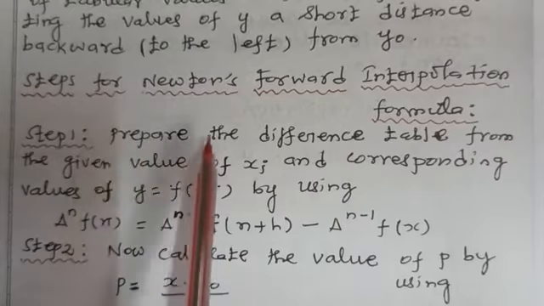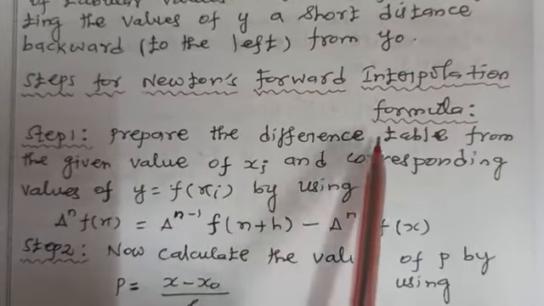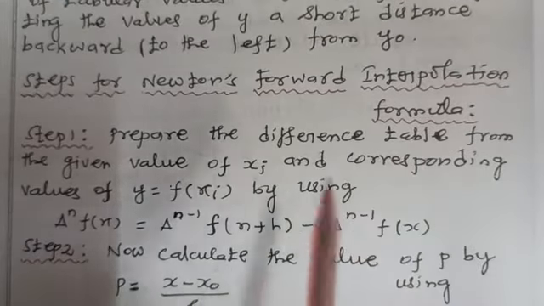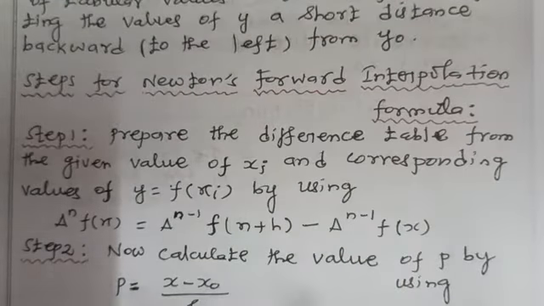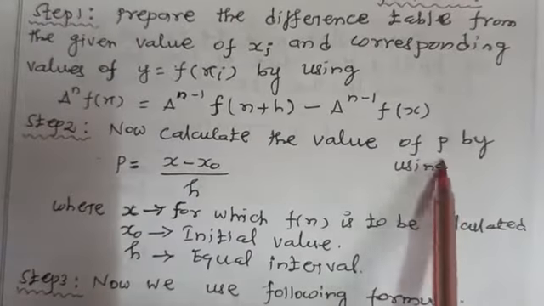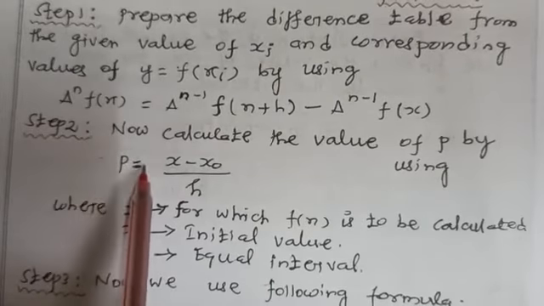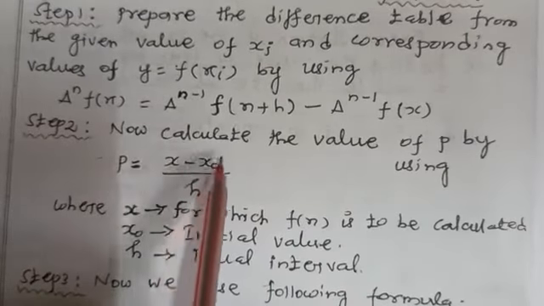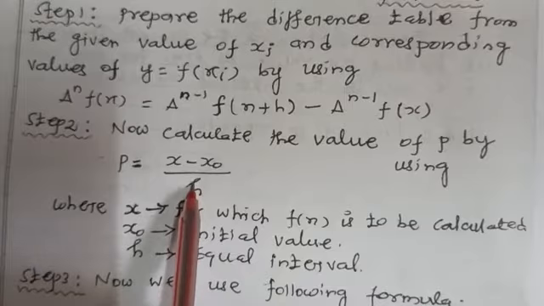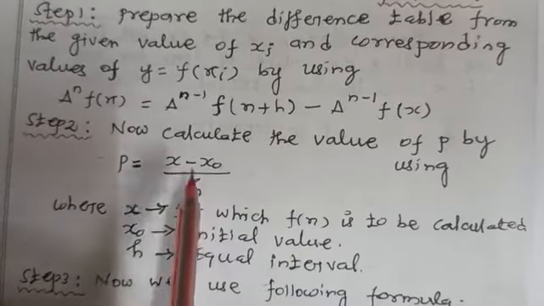Step 2, calculate the p-value. The formula to find the p-value is p equal to x minus x naught divided by h.